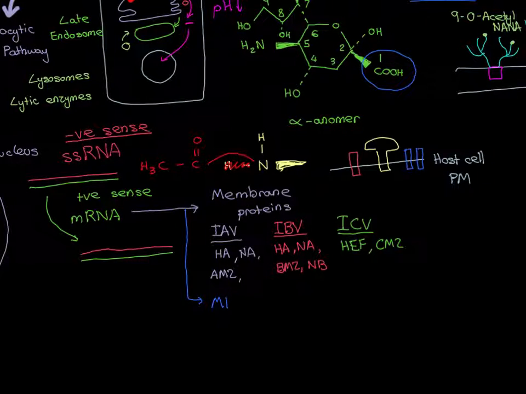So again, what will happen is we will synthesize positive sense RNA from the single-stranded negative sense RNA of the genome. Some of this will go into the cytoplasm and function as mRNA, will be translated by ribosomes, so you'll actually produce the protein that it coded for.